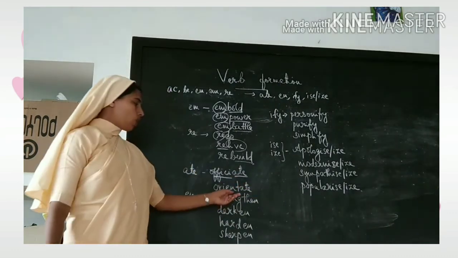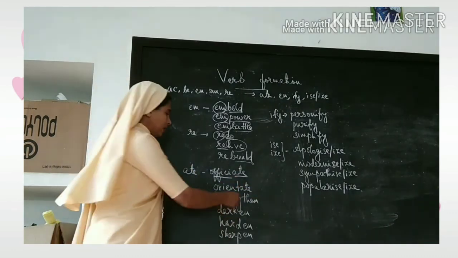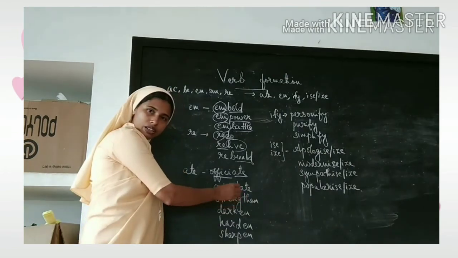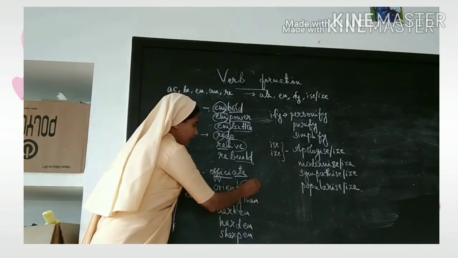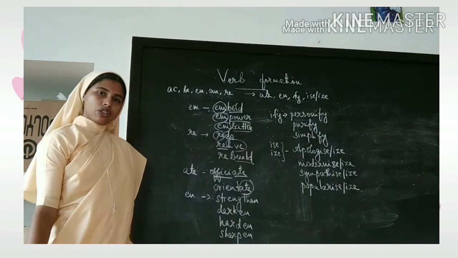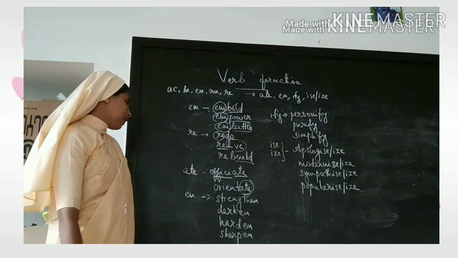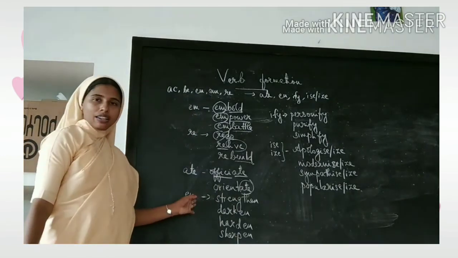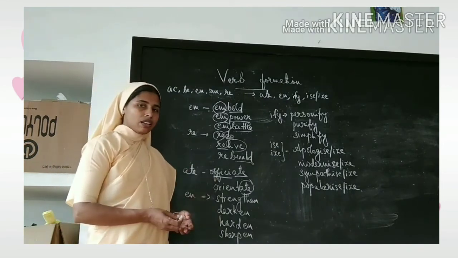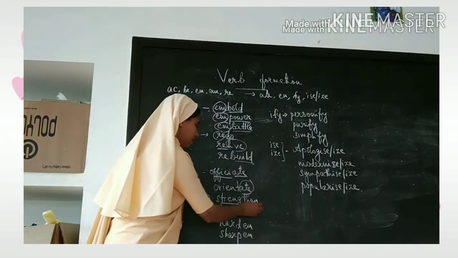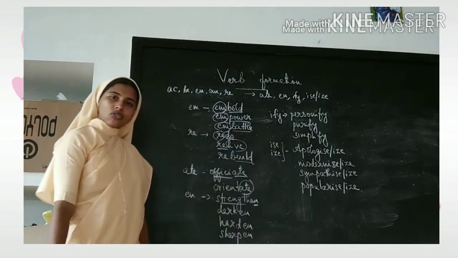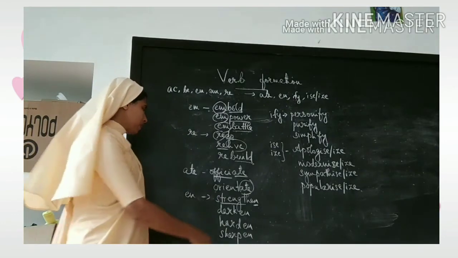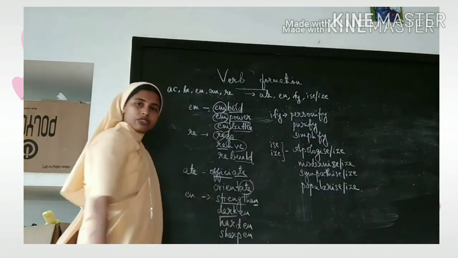And here, orient, that is a noun. When you add ate with it, you get a new word, orientate. Again, en: strength, that is a noun. When you add en with it, strengthen, that's a verb. Dark, that is an adjective.